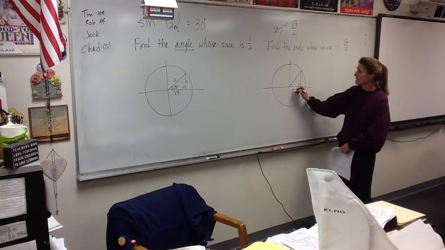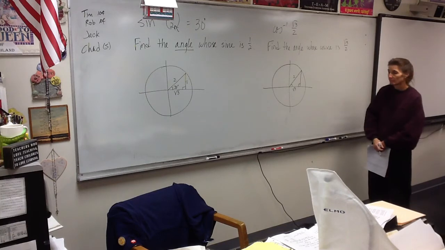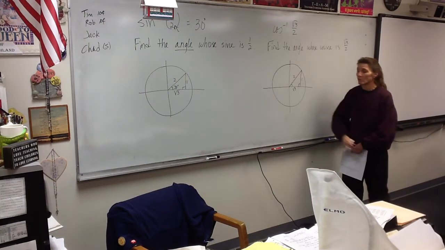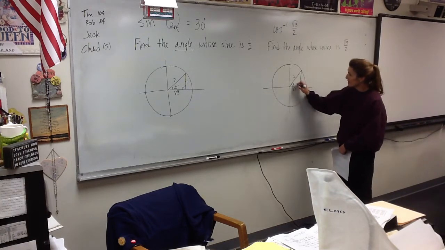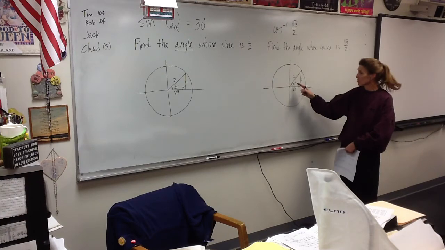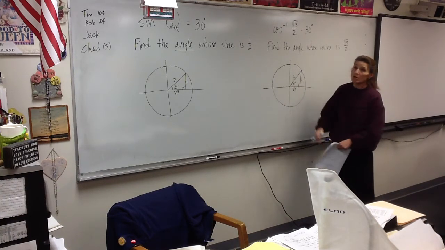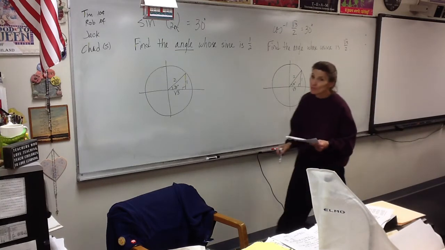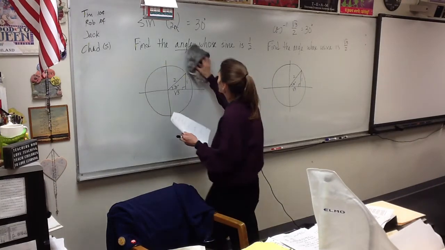So cosine is adjacent over hypotenuse. You should recognize those numbers and know the other side is a 1. So once again, that's our 30-degree angle because 30 is across from the 1. So the answer to this one is also 30 degrees. No, the answer is not always 30, but it is so far.